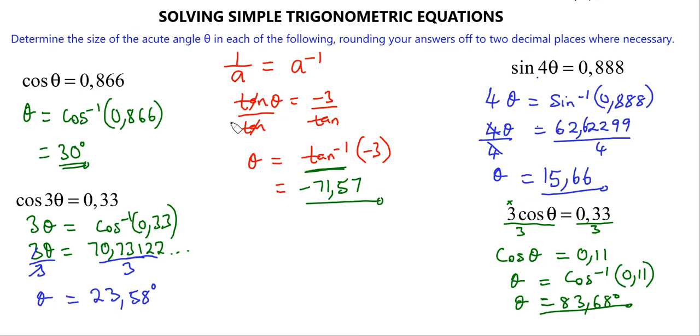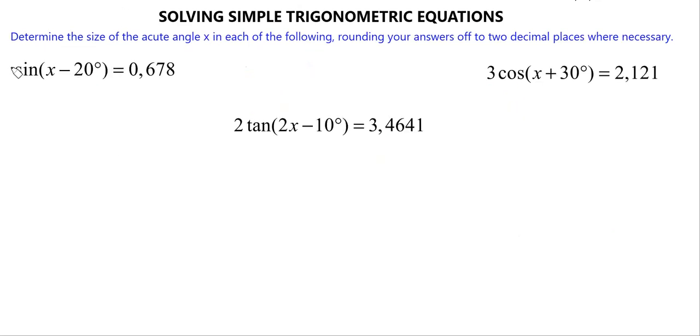Okay. Now, let's move on to the next slide and see if we can have different problems. Yes, we do. What we have here is sine of (x minus 20) equal to 0.678. Again, the first step is to get rid of sine first.